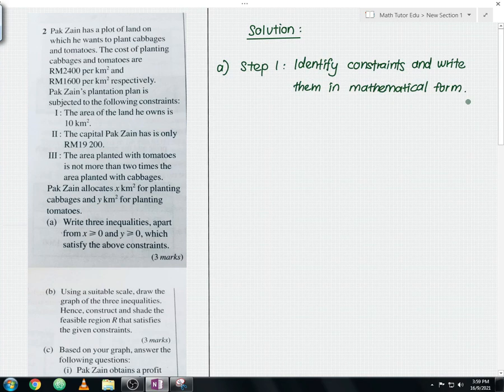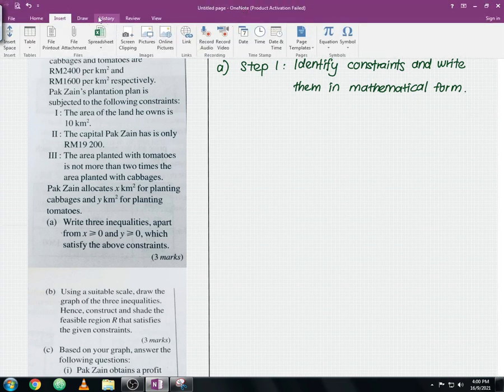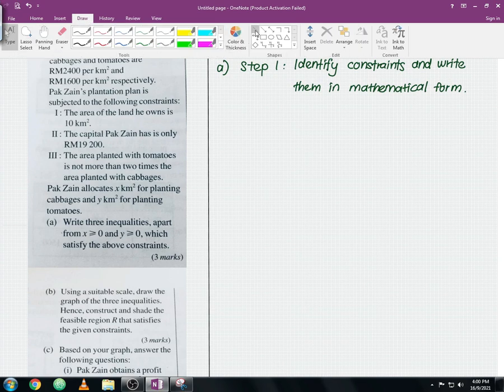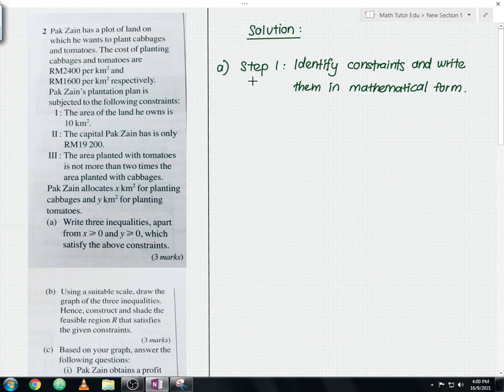So from here, the first mathematical form we can come up with is, please wait, let me underline a very important statement. Can you see here? They're actually emphasizing X for cabbages and Y for tomatoes.